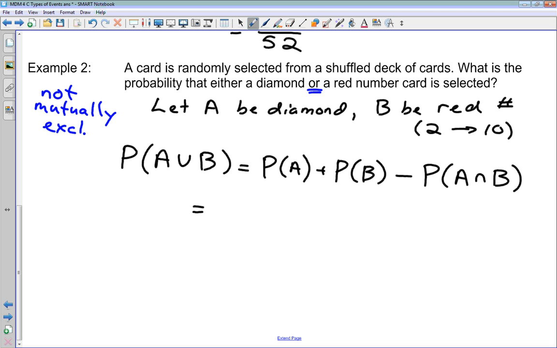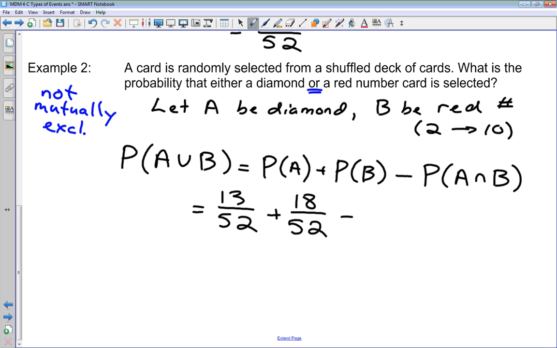So our probability of A is probability of picking a diamond. So we have 13 diamonds out of our 52 cards. Okay. Probability of B is a red number card. So let's see, 2, 3, 4, 5, 6, 7, 8, 9, 10. That's 9 of them, and there are 2 red suits. So that's going to be 18 out of 52, including both the hearts and the diamonds.